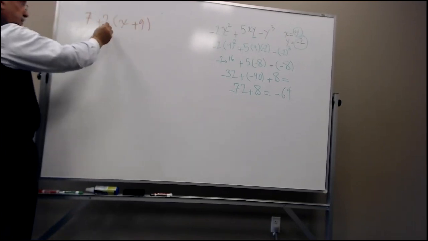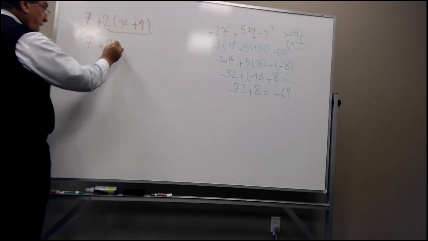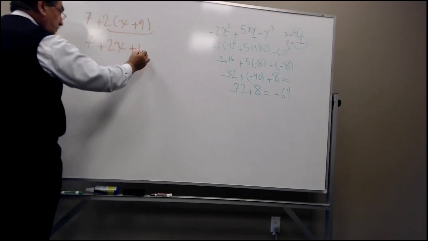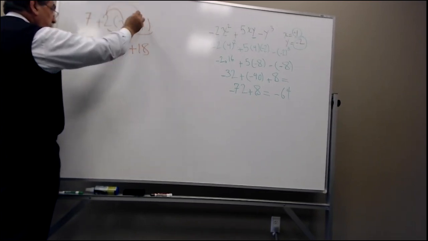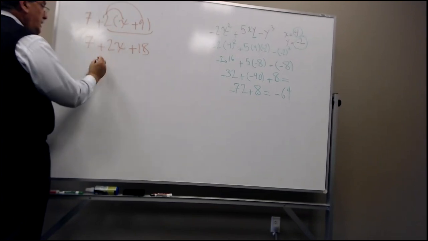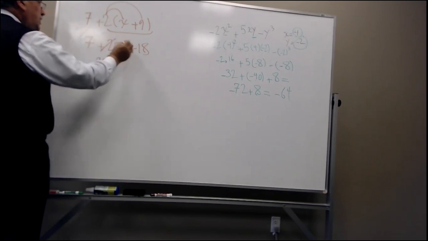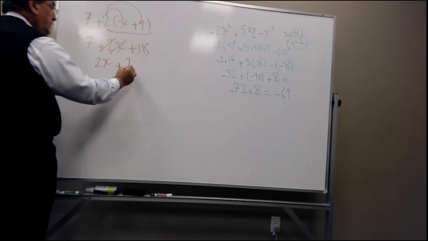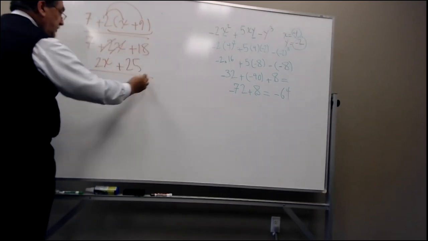The law of distributive. This is the same as 7 plus 2x plus 18. Yes? Because this goes here and not one. Therefore, I can write that. I can move things around. I can write that 2x. And so this 7 plus 18, 25. So this whole thing here is equal to that.